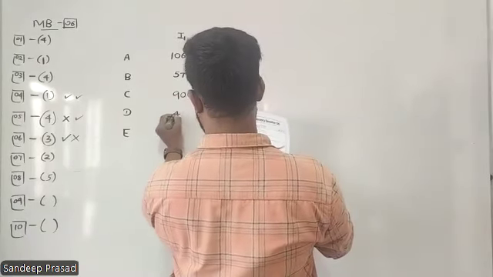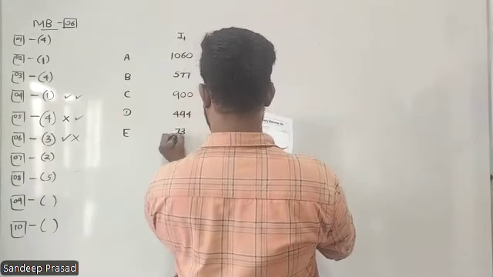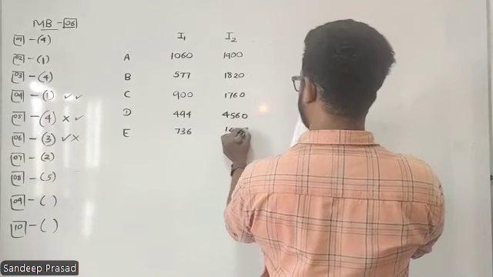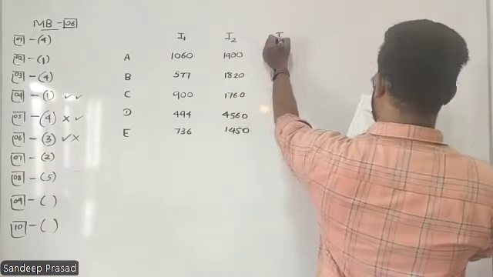Now check whether you got the answer in this way. This is the data table that they have given. I2. This is I3.